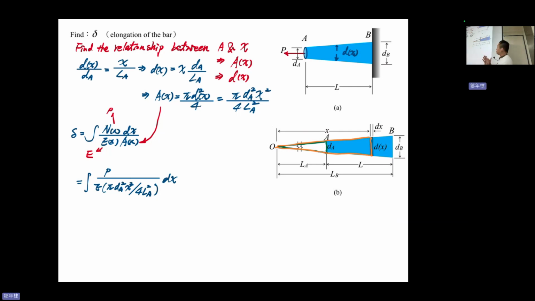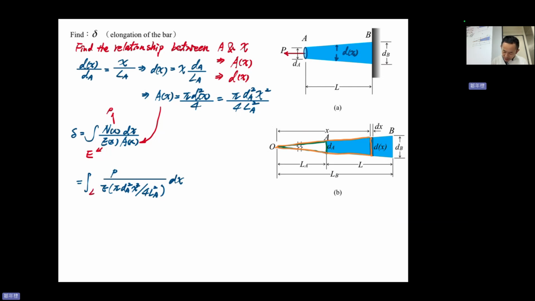The problem is, what is the upper limit and lower limit? 0 to LB, is that correct? No, it should be LA to LB, because this point is imaginary. You made it up. So LA is actually, you don't know the value, but let's deal with that later.